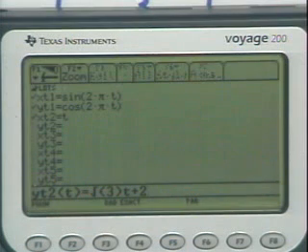Now, if I just did the standard window, and I'm going to do that in a minute, but I want you to tell me what's going to happen. Well, the standard window goes from 0 to 2 pi, and my point of tangency occurs where? At minus 1/6? That's not in there, right? So if I do that, what am I going to miss? Seeing the tangent touch the curve. Let's try it.